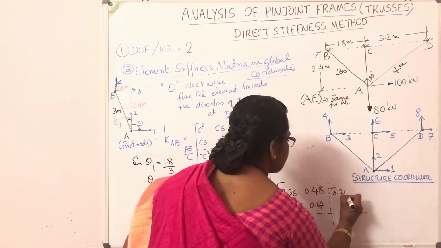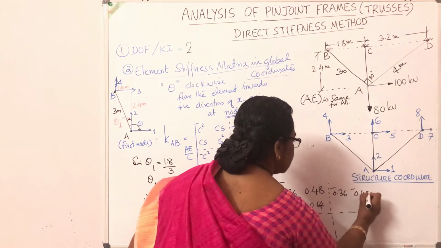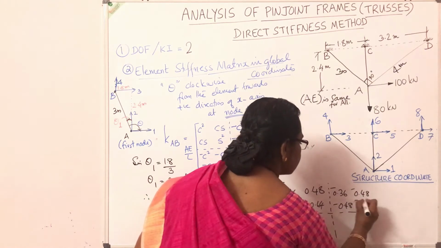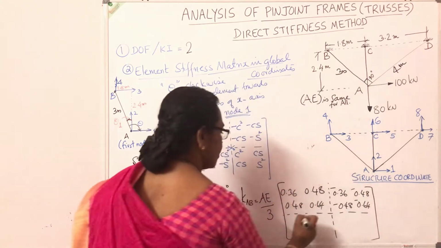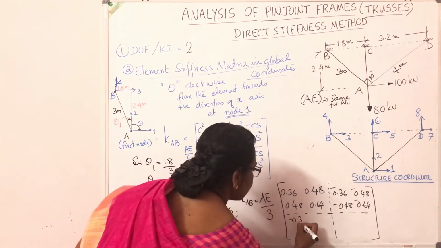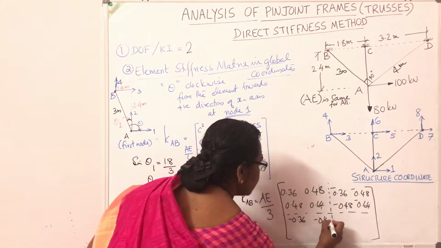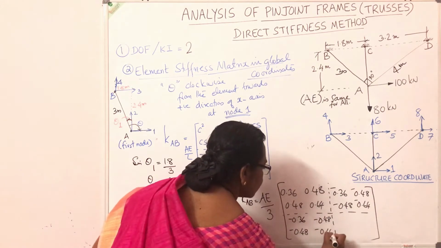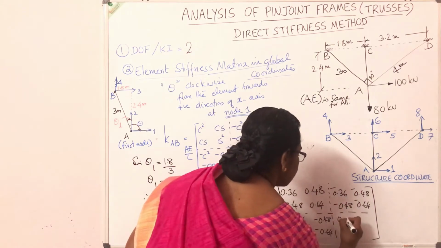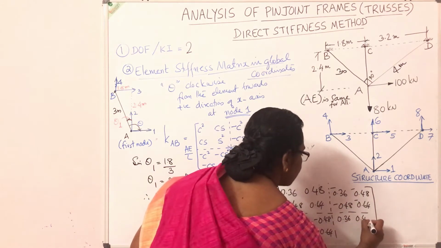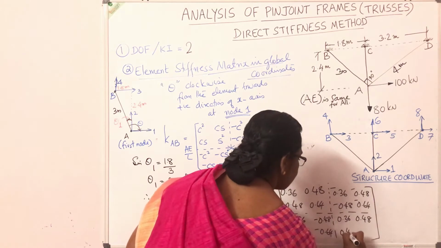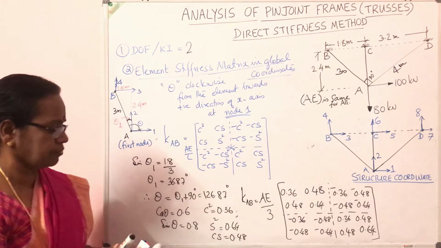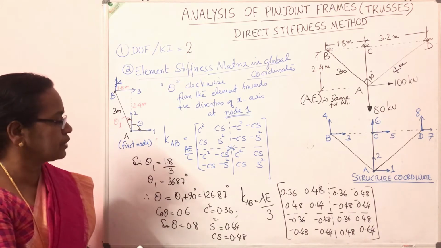Minus 0.36, minus 0.48, minus 0.48, 0.64 with a negative sign. Now similarly here, minus 0.36, minus 0.48, minus 0.48, minus 0.64. Here 0.36, 0.48, 0.48, 0.64. So the stiffness matrix for the first element AB we have obtained.